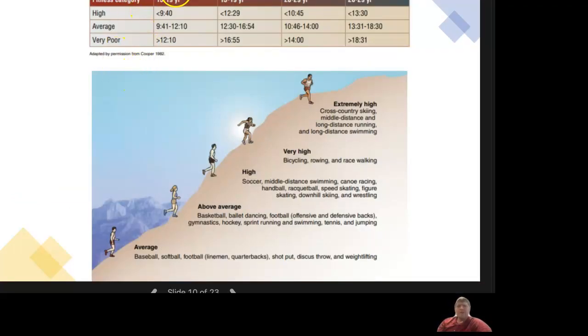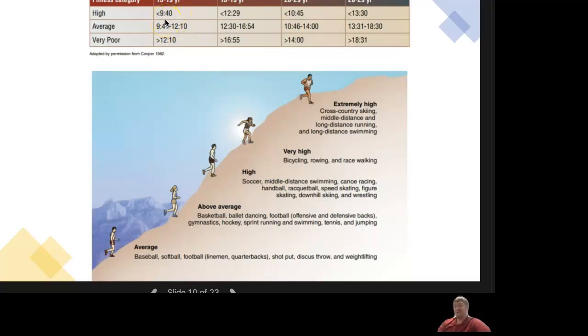Some other ones here. This would be your 1.5 mile test. I'll just take the basketball players I have. Most of them are between 13 and 19. Better be under 19 or I'm going to get in trouble. If they are under 9 minutes and 40 seconds, that's pretty quick.